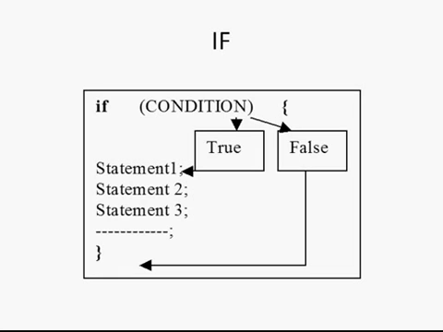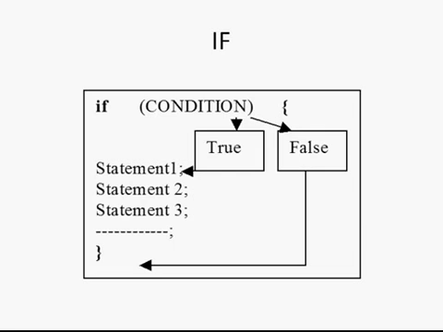Now we come to the most common control statement, which is if. So you have in all the languages if, then a particular condition. If the condition is true, it jumps to the next statement.